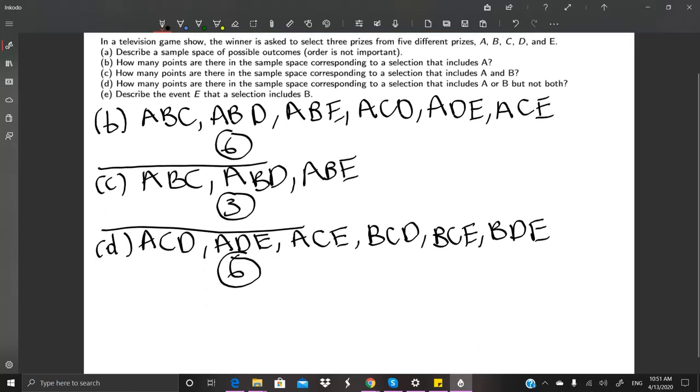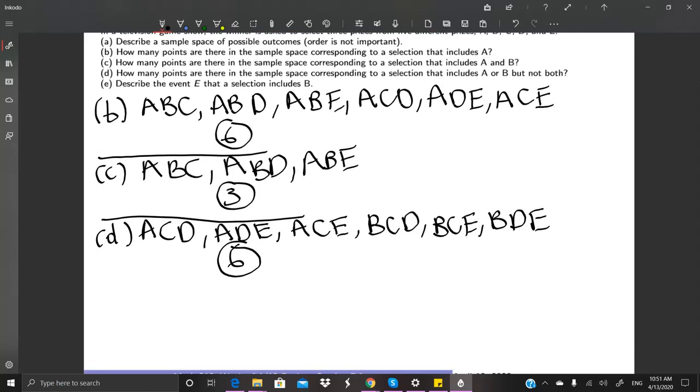Okay, so finally, let's answer the last question. So E says describe an event E that has, oh, that's supposed to say that has. All right, so describe the event E that a selection includes B. No, that's correct. Okay. All right, so remember, events are subsets of the sample space.